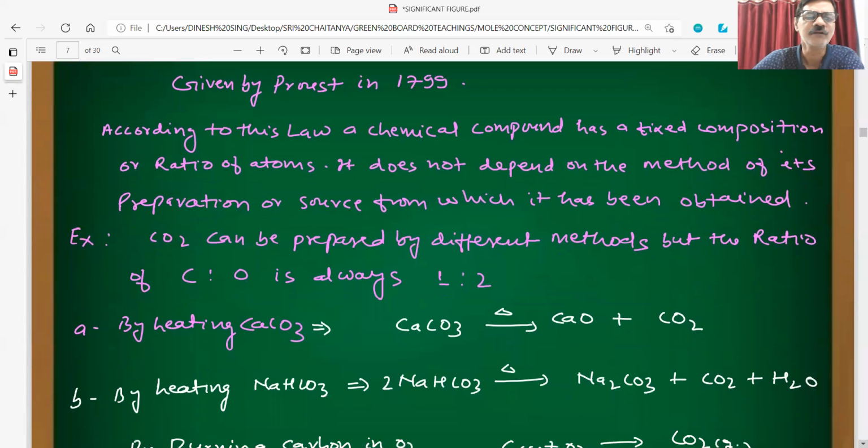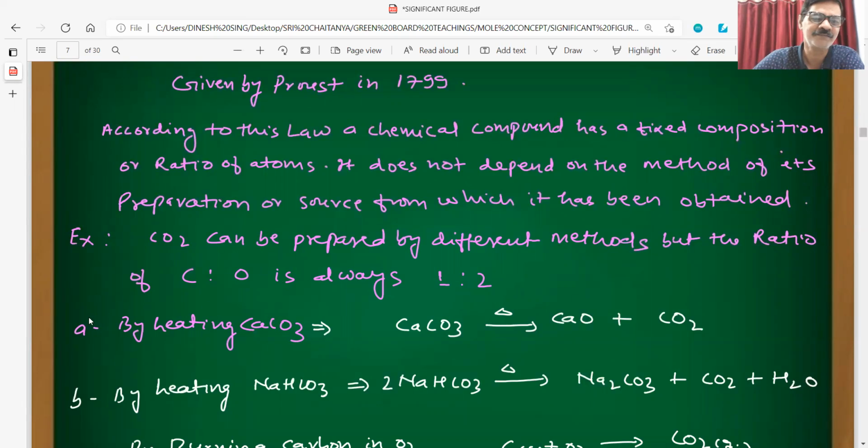Now we can see, for example, carbon dioxide, CO2 gas. CO2 can be prepared by so many methods. Whatever method we are using in the preparation of carbon dioxide, the ratio of carbon and oxygen will remain constant. That will be what? 1:2. Whatever means we are considering.